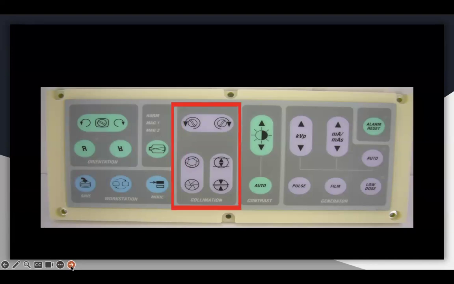So next is going to be our collimation buttons. Like I said, they allow us to collimate in, usually for spine work. Then you have your shutter buttons. It's not necessarily a side to side collimation, but kind of going down into, say you were doing L5S1 surgery.